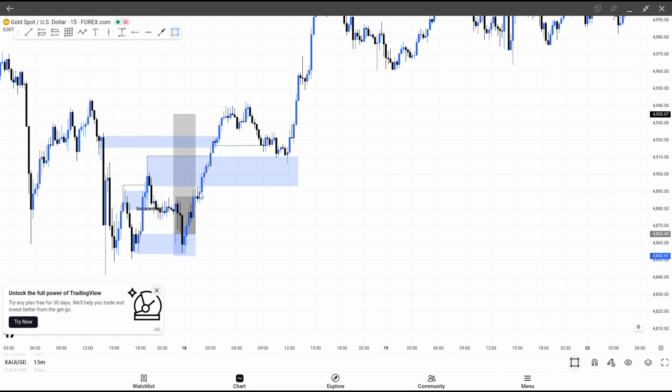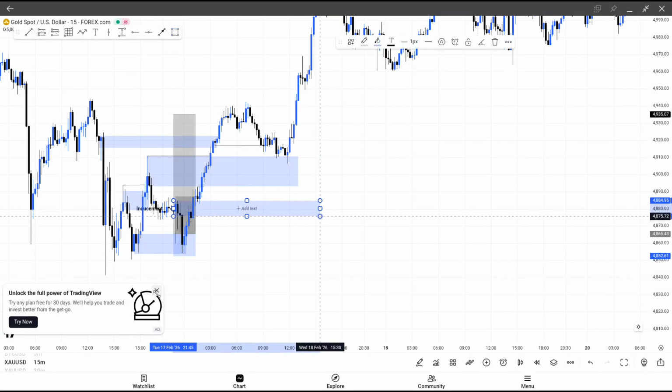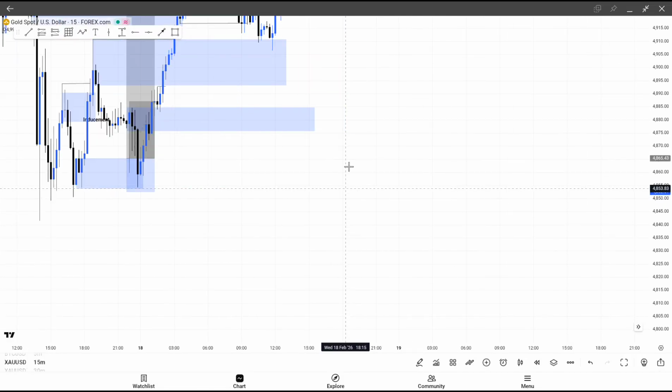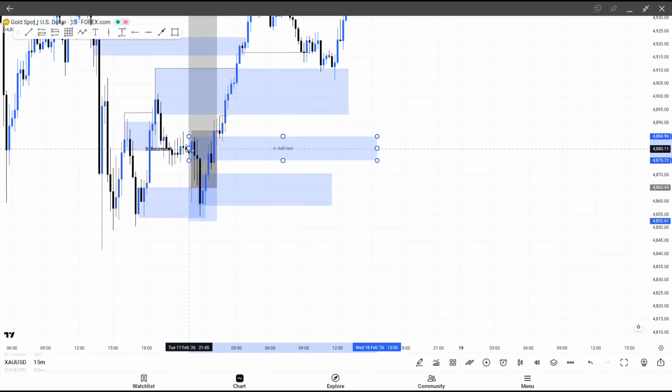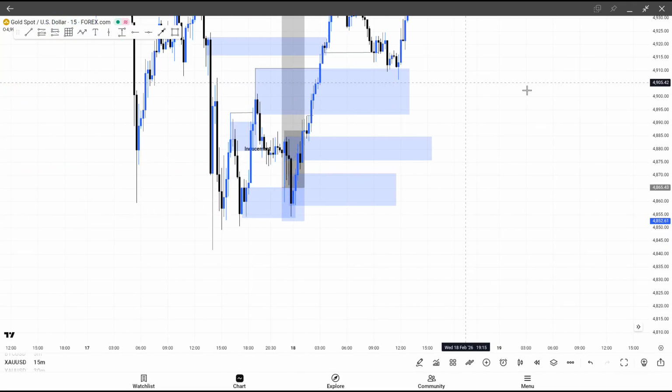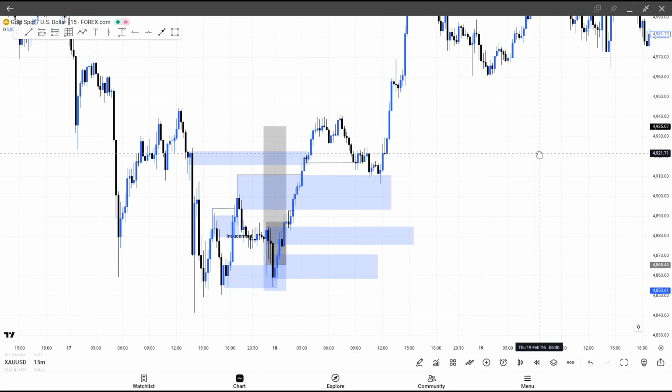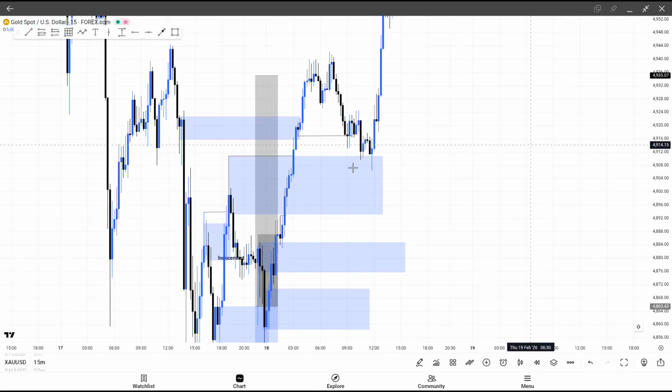We also have this breaker block here, and also this other block around here. This is the breaker block, this one. So we have four different points of interest, and this one has been used by the inducement.